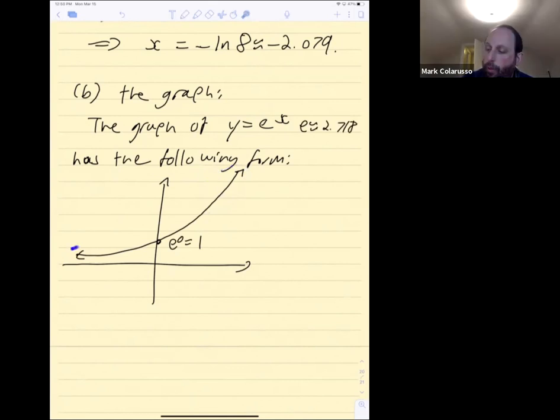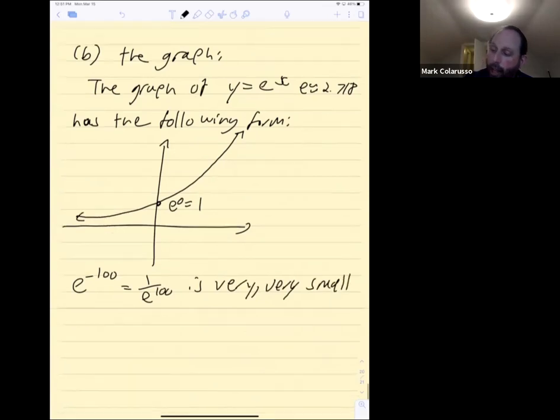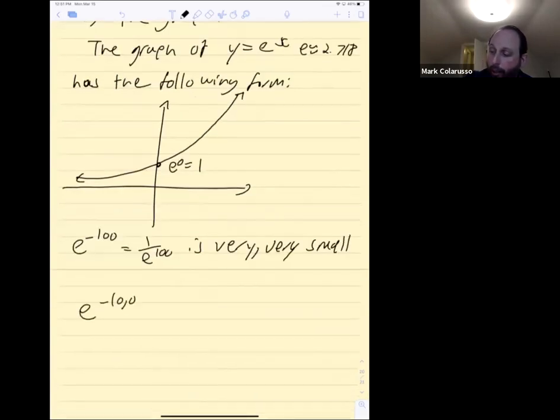If you start putting in very large negative numbers, like if you had e to the minus 100, that's 1 over e to the 100. That's going to be very, very small. And if you did e to the minus 10,000, well, that's 1 over e to the 10,000.